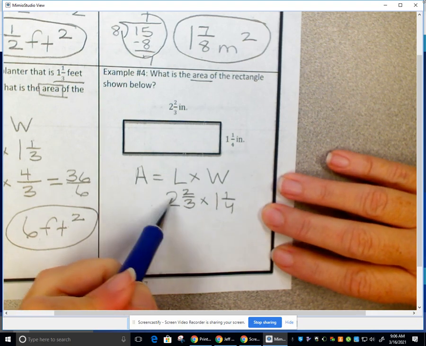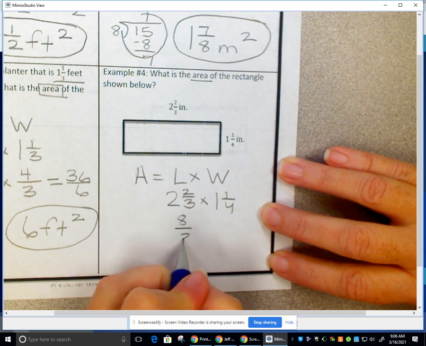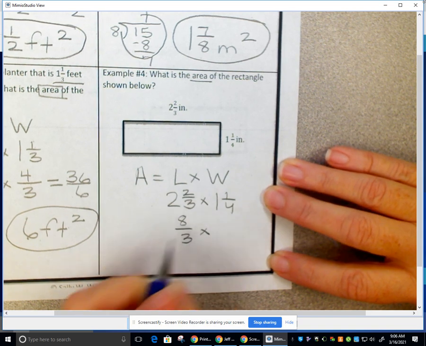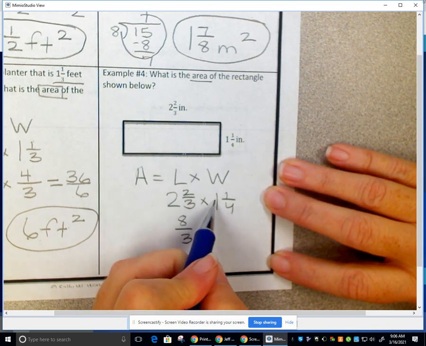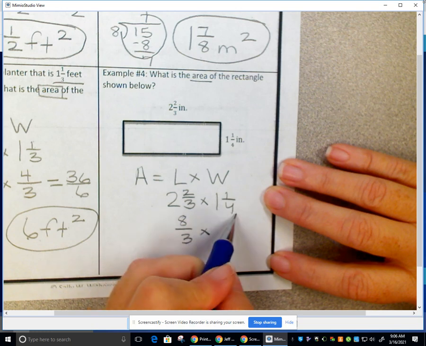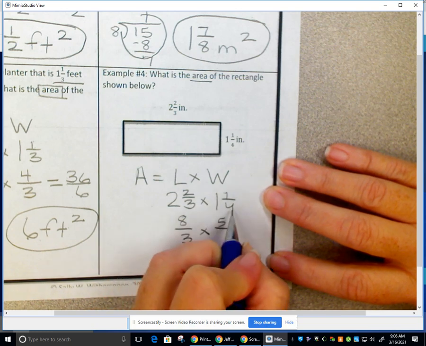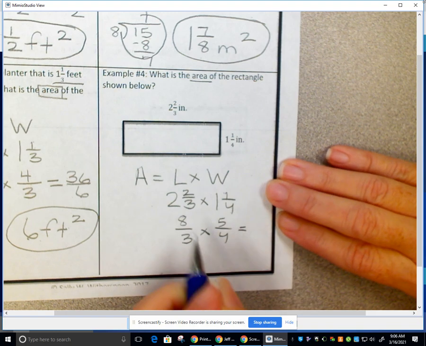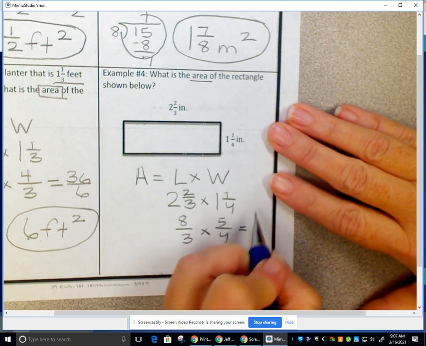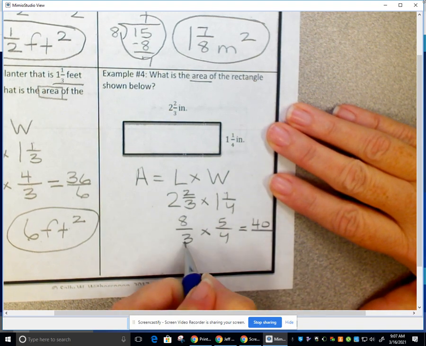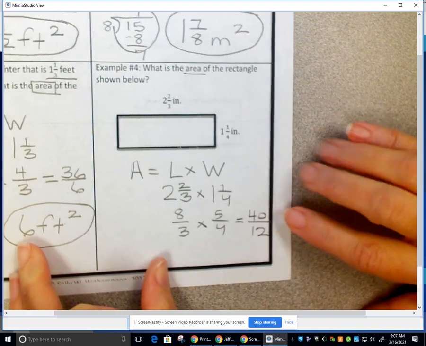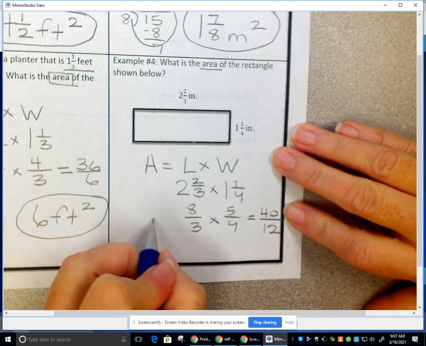So I'm going to say multiply these, add the top, that's 8/3 times 1 times 4 is 4, plus 1 is 5. Remember, we keep the same denominator. 8 times 5 is 40. 3 times 4 is 12. I've got 40 twelfths. I've got to divide to fix that.